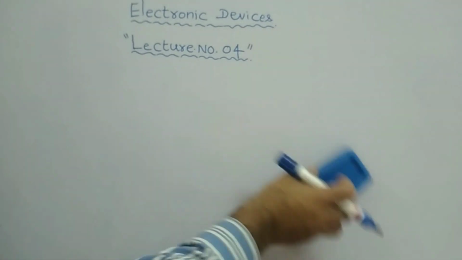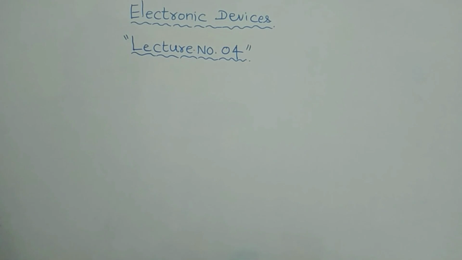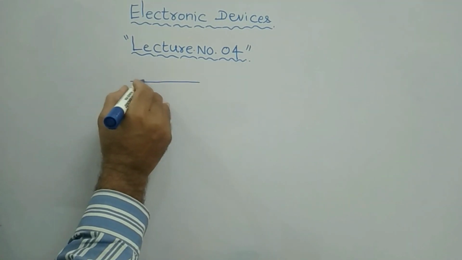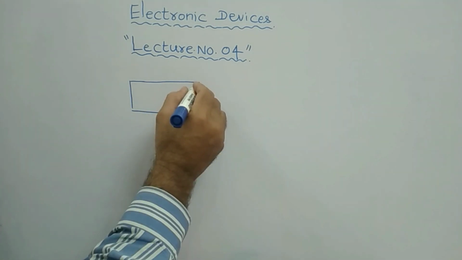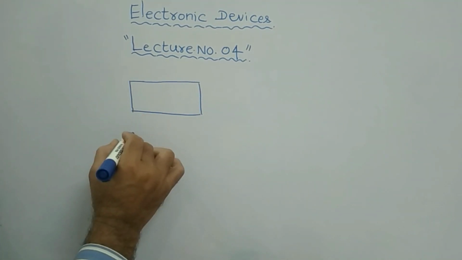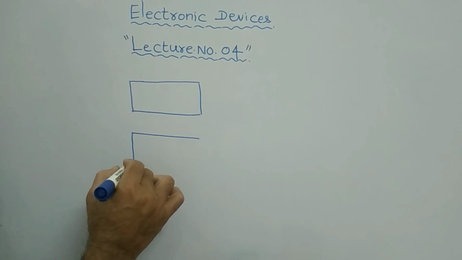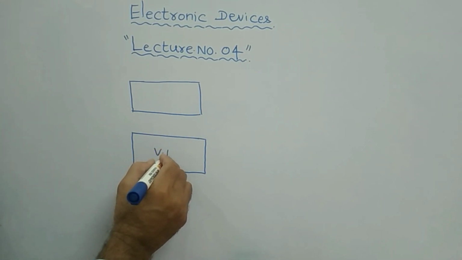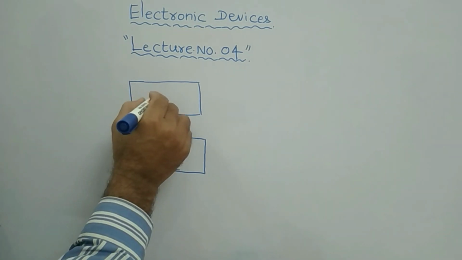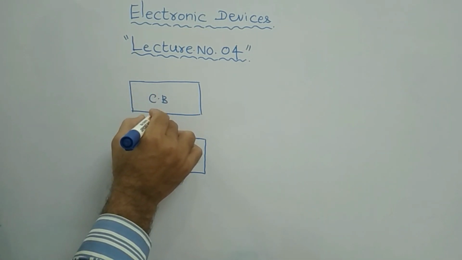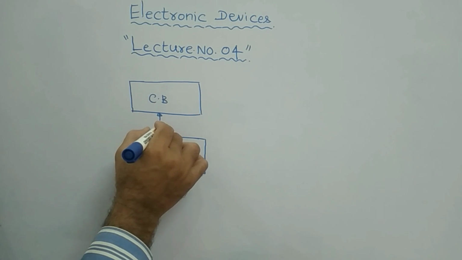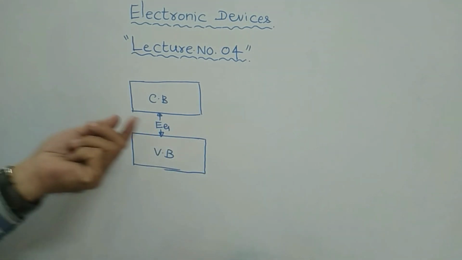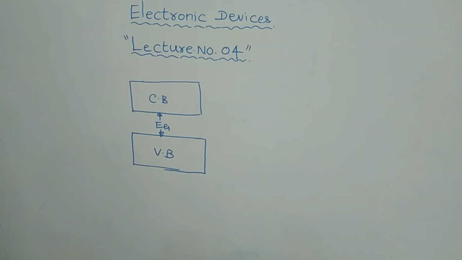If you consider the semiconductor, let us recall the diagram. This is the energy gap. This is your VB, the valence band, then this is your conduction band, and this is your energy gap, sometimes also called the forbidden energy gap.